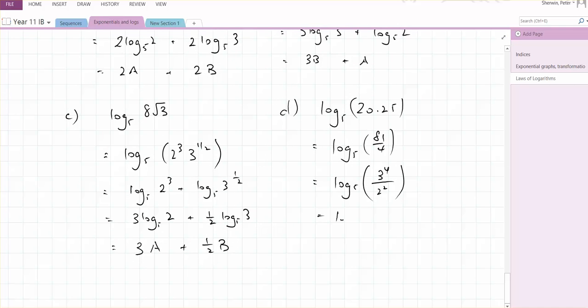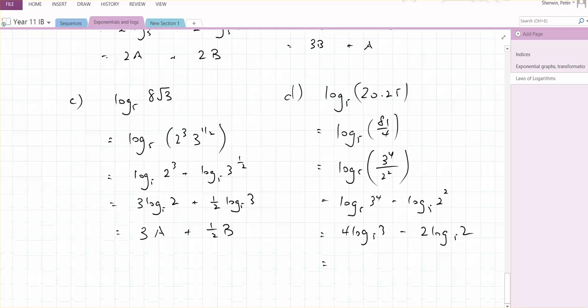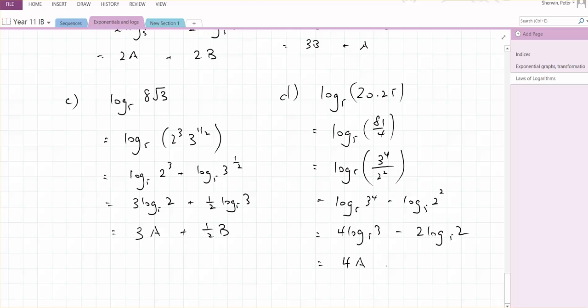I'm now going to split this up using log law 2. Using subtraction, log base 5 of 3 to the 4 minus log base 5 of 2 squared. I now use the plug law, 4 log 3 minus 2 log 2. I think I just said p log 3 there, it's 4 log 3, obviously I've got this plug in my head. So that is 4b minus 2a. Okay, so there's some examples.